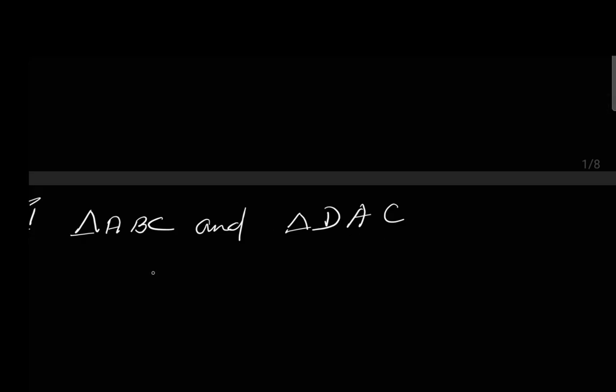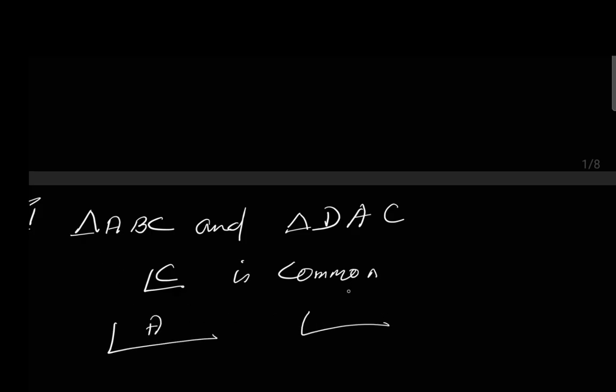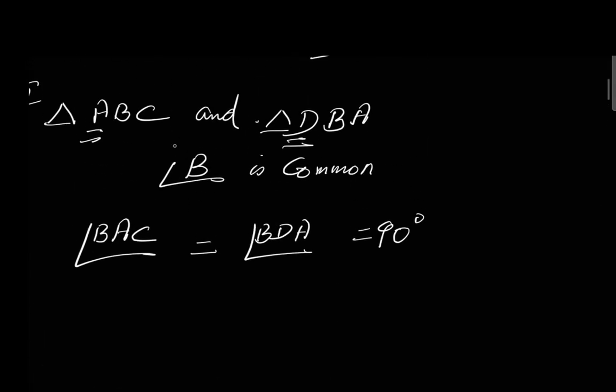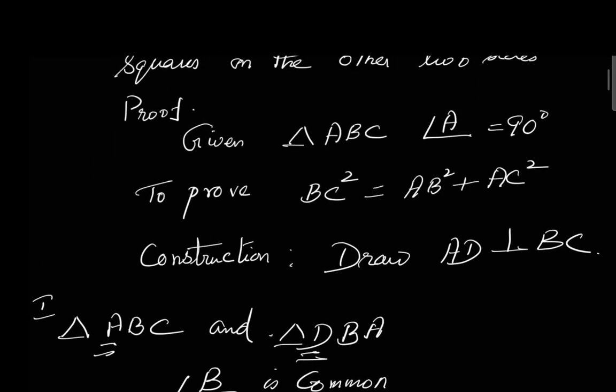Angle C is common for these two triangles. Angle A is 90 and angle D is equal to 90. Write the remaining letters: B, A, C and A, D, C. So what do you say about these triangles, one bigger and one smaller?